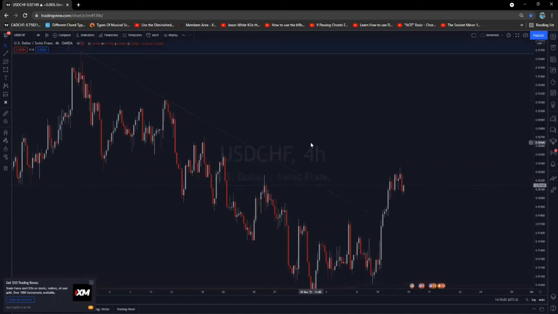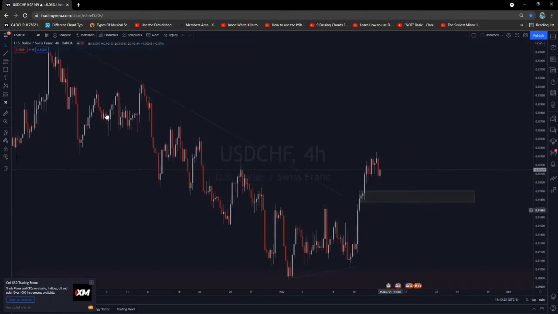So how are you going to approach this setup over here? First, we can look for buys here. This is not a very good area because of the basing candlesticks that are found here. Another area, let me change the shade.